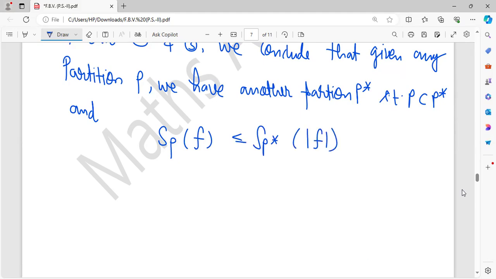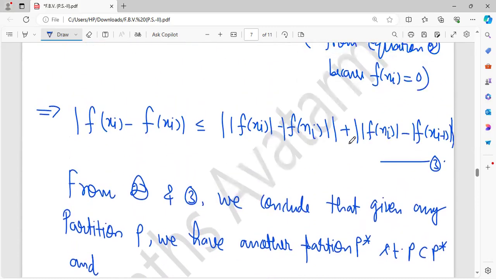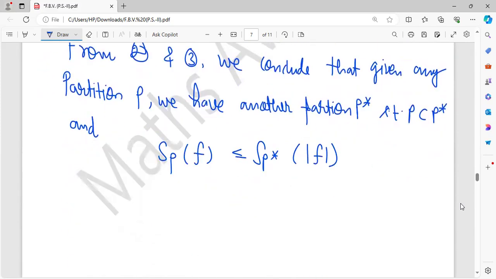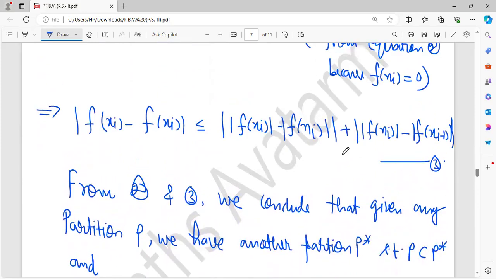But this is because you see that we can add eta I here in between xi and xi minus 1. So we are finding a finite partition in which it has more number of points. So obviously, and this is less than absolute thing.